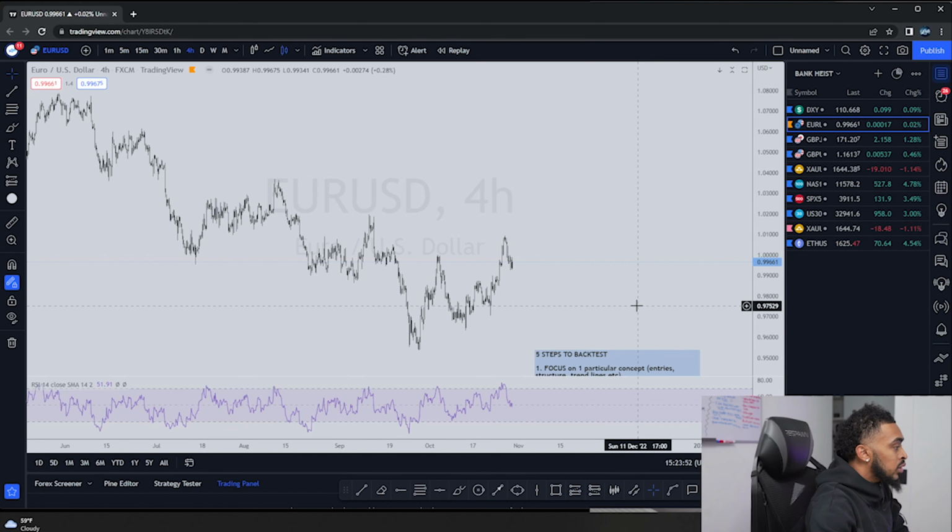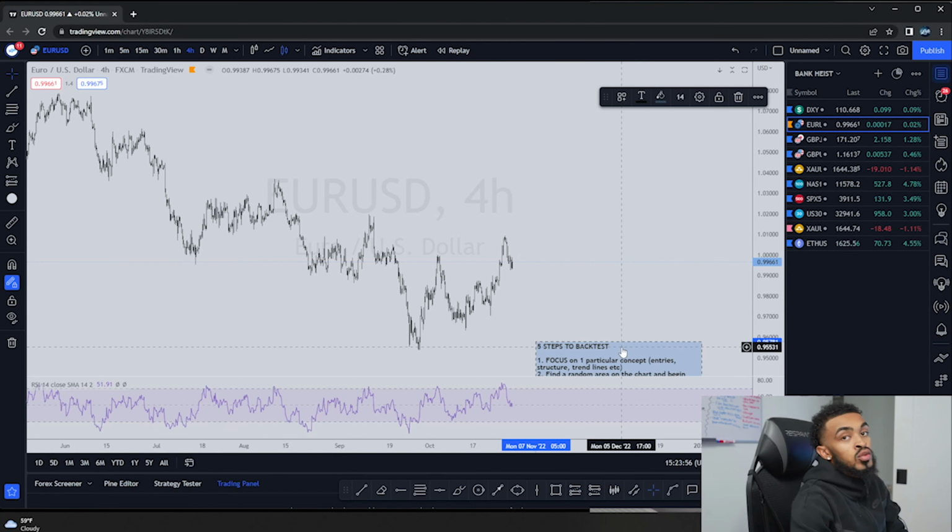So the very first step to backtesting, right? The very first step is to focus on one particular concept. Focus on that one particular concept, right? So if we're talking about entries, or we're talking about structure, or we're trying to backtest and understand getting our trend lines right, we want to focus on that one concept. We don't want to go from focusing on divergence to then focusing on trend lines to then focusing on Fibonacci to then focusing on support and resistance or supply and demand zones.